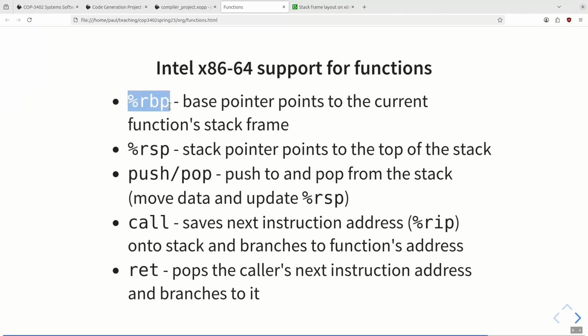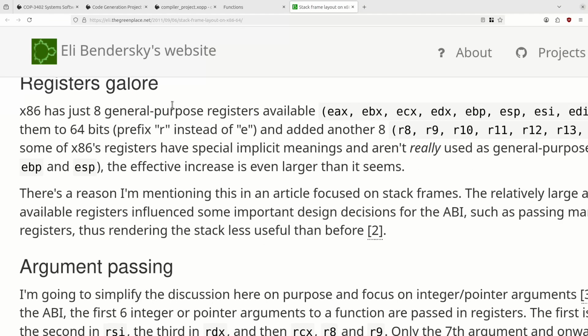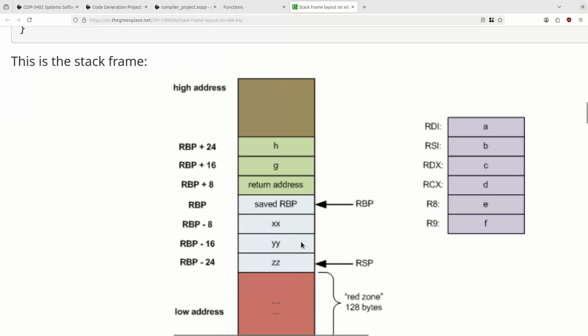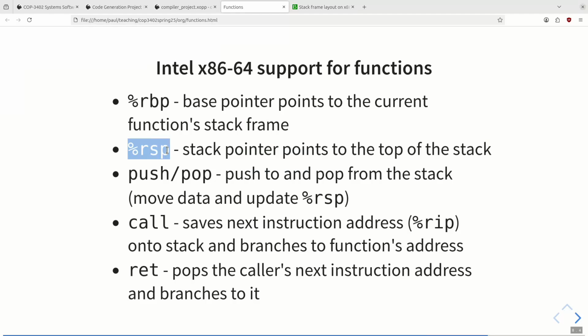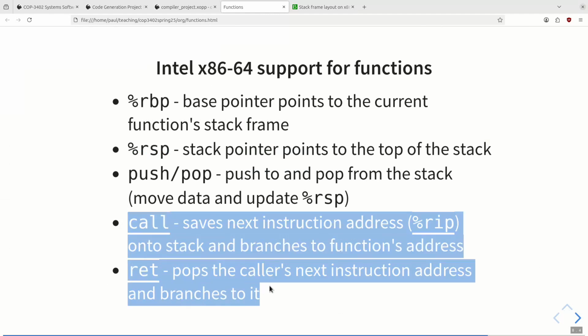There's a special register, the base pointer register, which is reserved for holding the stack frame, this location in memory of the function data. It gives us a stack pointer, which is how we can see what's on our stack. It gives us push and pop instructions for pushing and popping data from the stack. And it gives us call and return instructions.